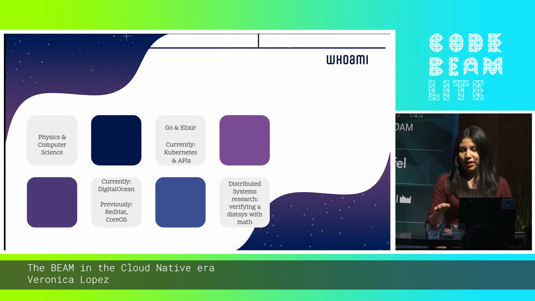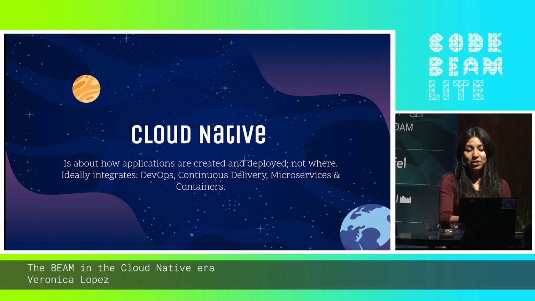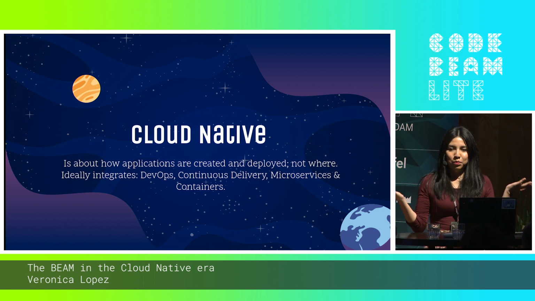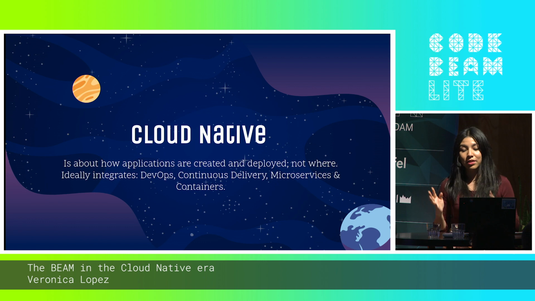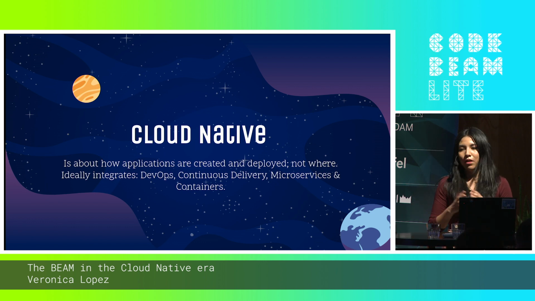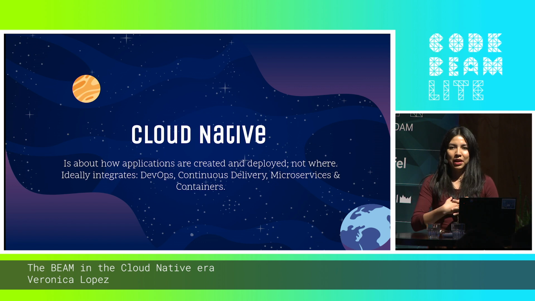Right now I'm at DigitalOcean, but I used to work at CoreOS, which was later acquired by Red Hat. So a lot of containers, a lot of Docker, a lot of all those buzzwords. Ultimately, that brought me into the cloud native area. And since I have both worlds, I like to think I have the best of both worlds. I love Elixir and the Beam.